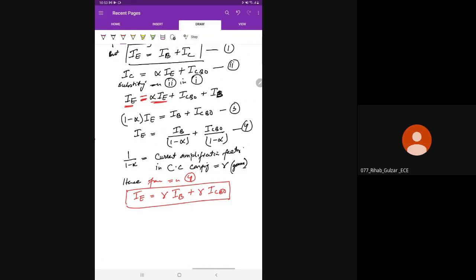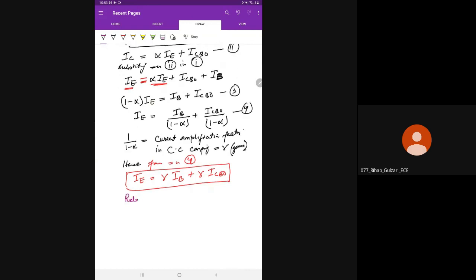Now we will derive the relationship between alpha, beta and gamma. Remember that alpha is the current amplification factor in common base.